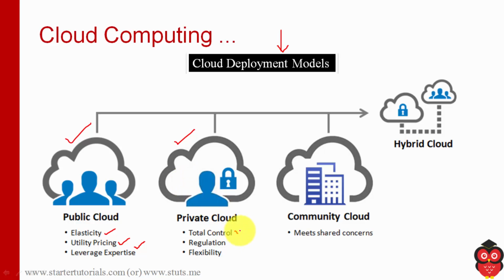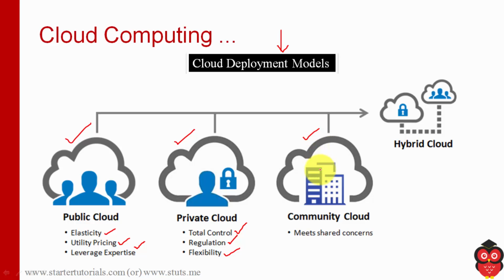As you are the owner, you have total control over the private cloud, and you can follow all the regulations, and it offers flexibility. You can install whatever you want and you can implement security controls and all these things. So it provides total flexibility. And next one is community cloud.